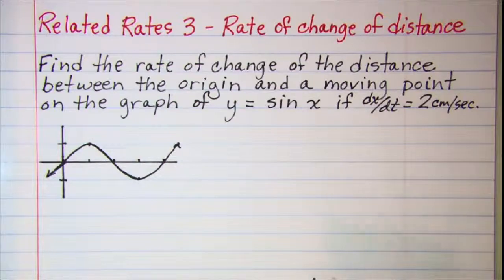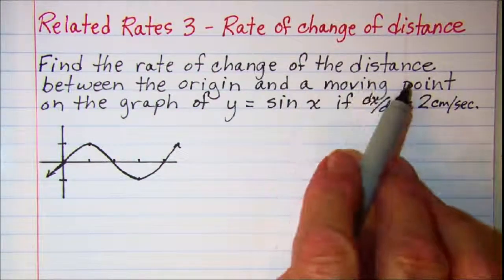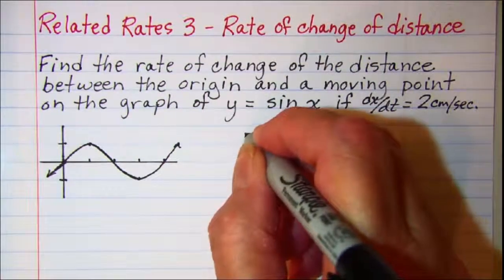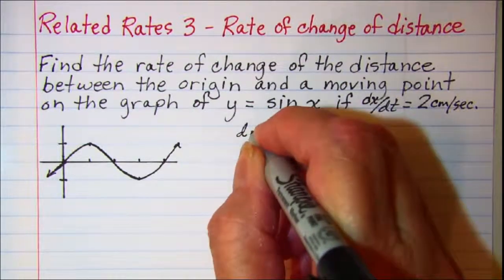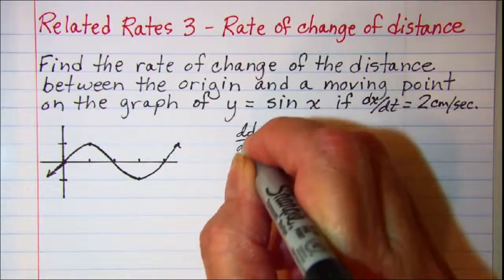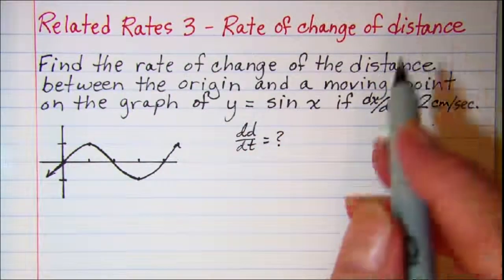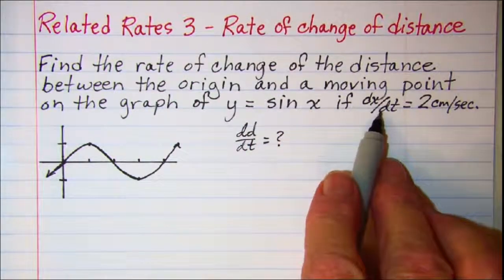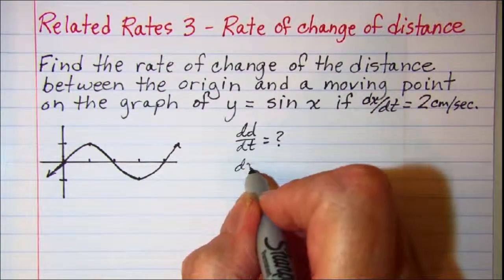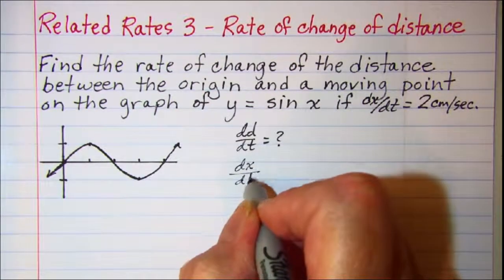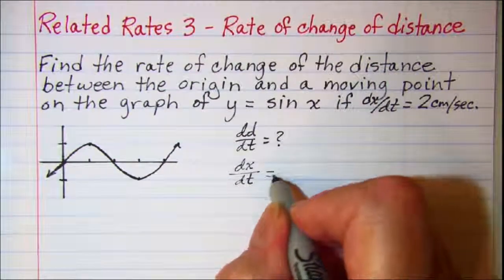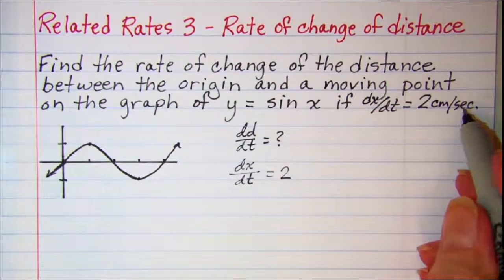So we want to find the rate of change of distance, so we can call that dd/dt. That's what we're looking for. And we're given that dx/dt is equal to 2 centimeters per second.